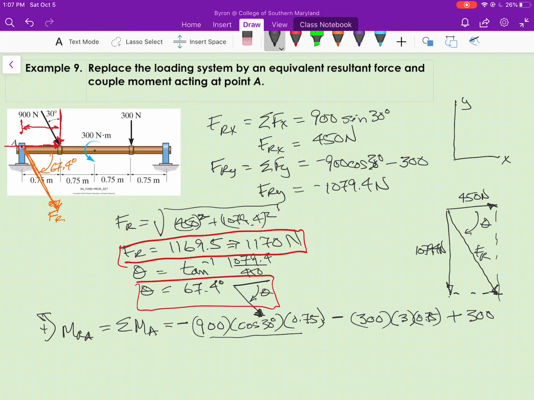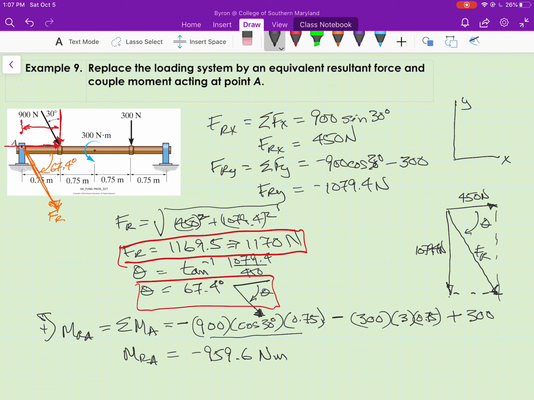So we do that math, and we get that the resultant moment about A is minus 959.6 Newton meters, which means that it is acting in a clockwise fashion.